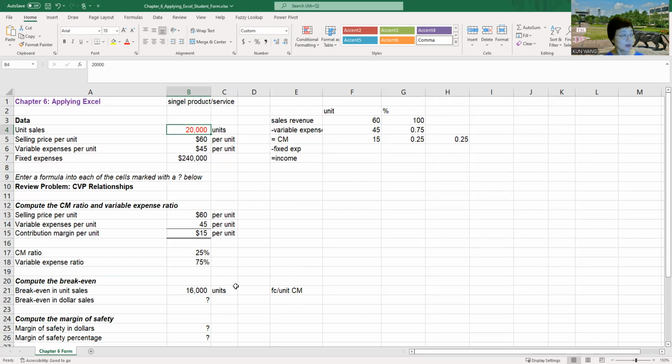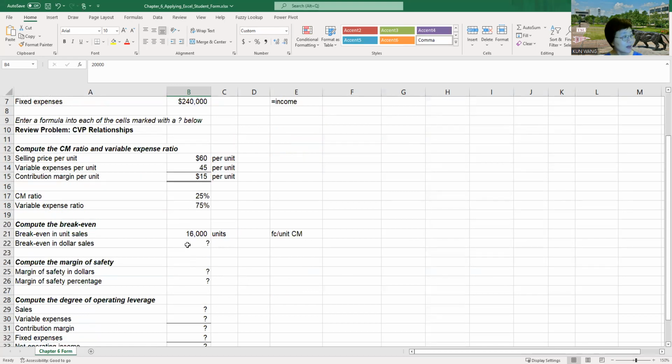So that's benchmarking. And then break even in sales dollars. So how can I do this? If you're looking for the formula, it will be the contribution margin ratio, right? I don't have the contribution margin ratio. Oh, we do have it here.